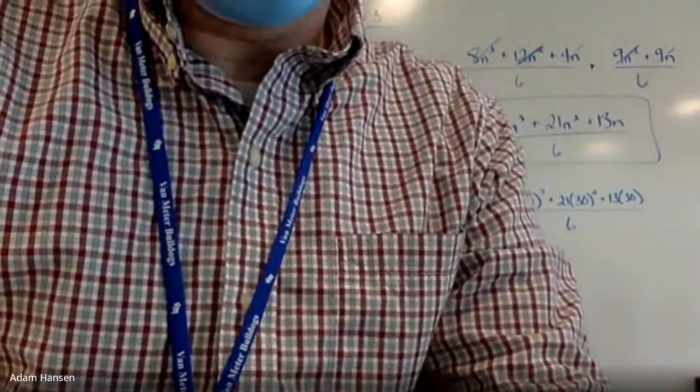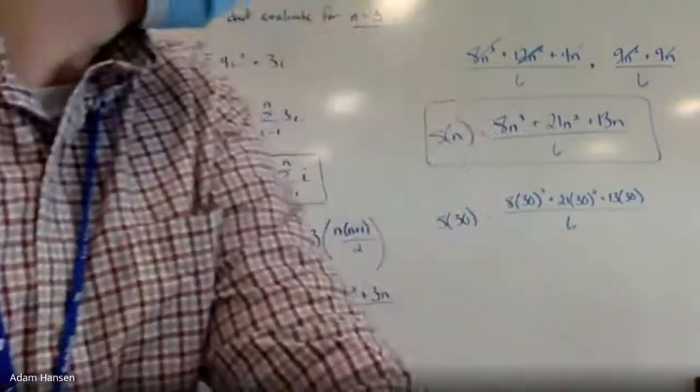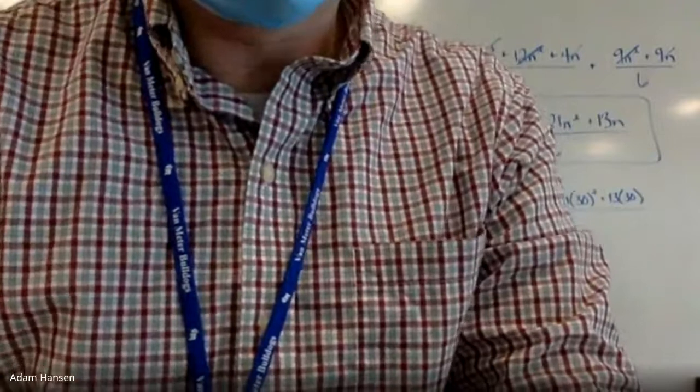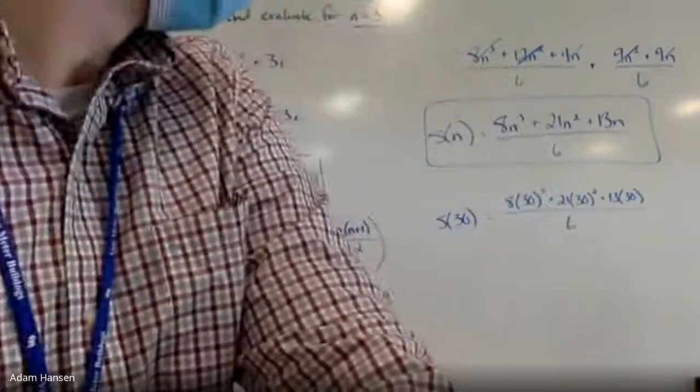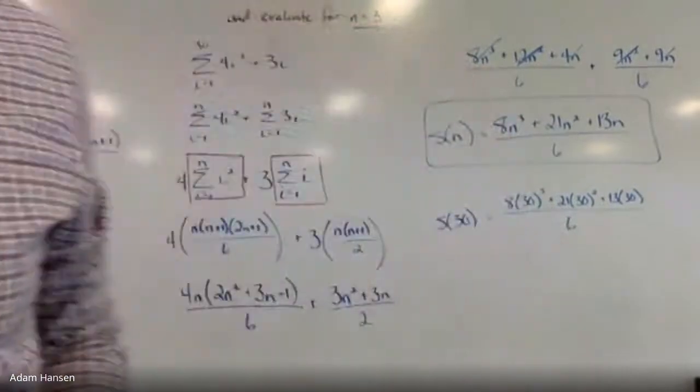Eight times 30 cubed plus 21 times 30 squared plus 13 times 30, all over 6. 39,200.